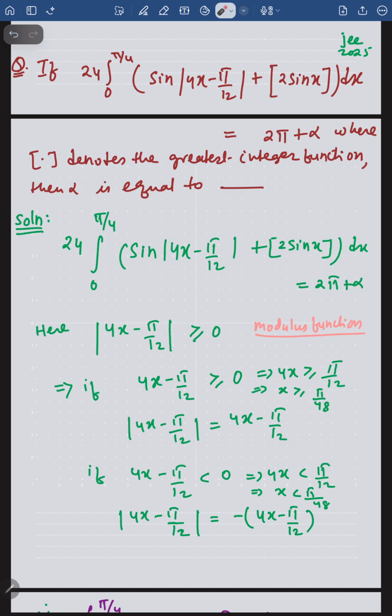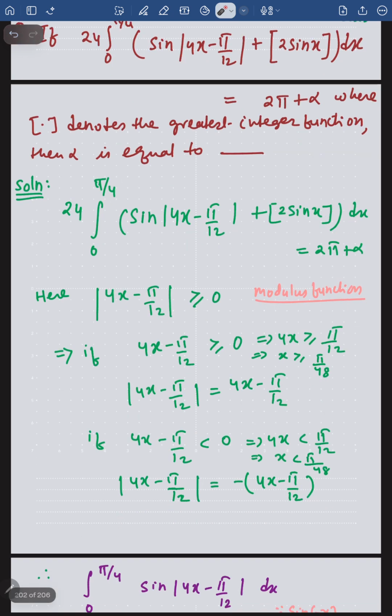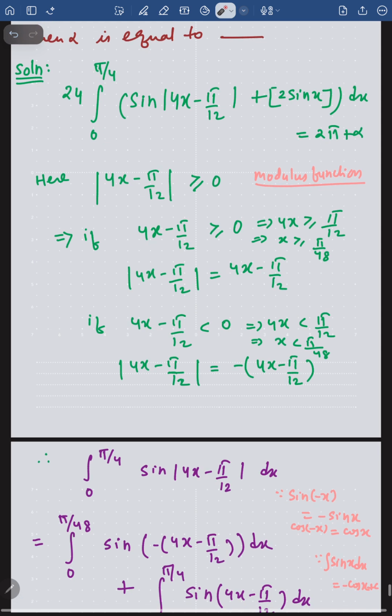And if 4x minus pi by 12 is less than 0, then 4x will be less than pi by 12, x will be less than pi by 48, and the mod value will be minus of 4x minus pi by 12. That we know by the definition of modulus function.